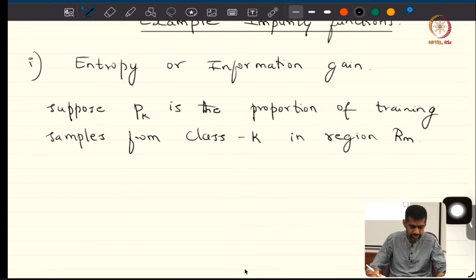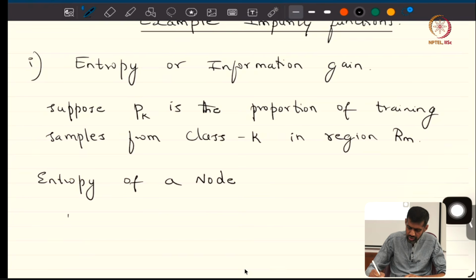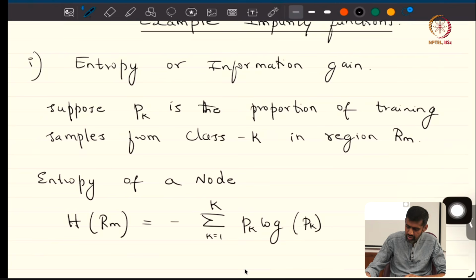So, if pk is that ML estimate, we define the entropy of a node, H of Rm, simply as the sum over k, where capital K is the number of classes, of pk log pk, with a negative sign. This is log to base 2, of course.